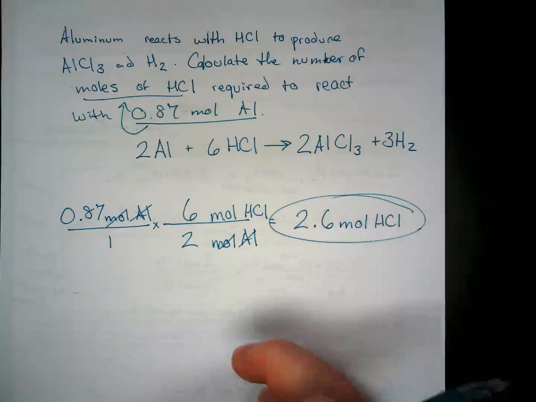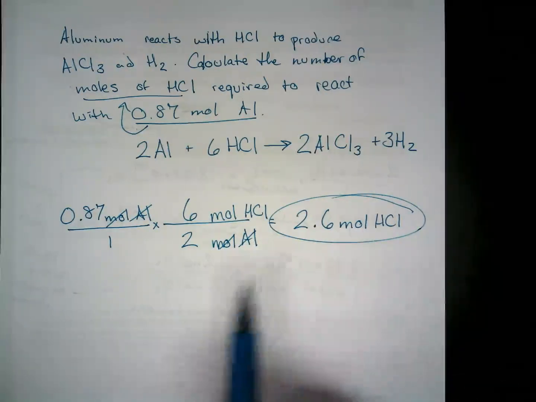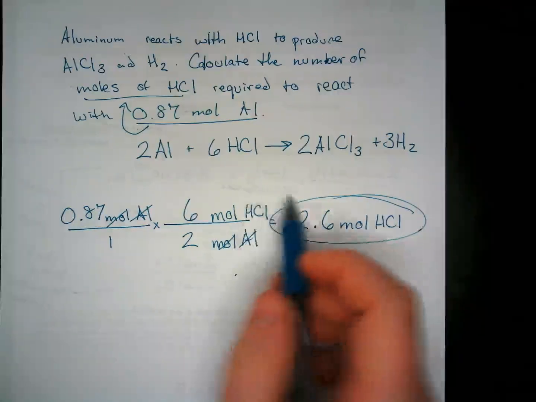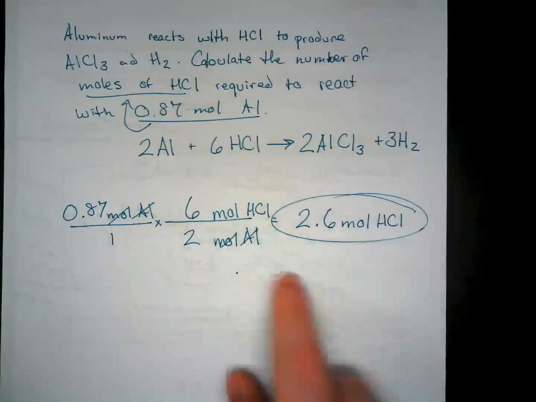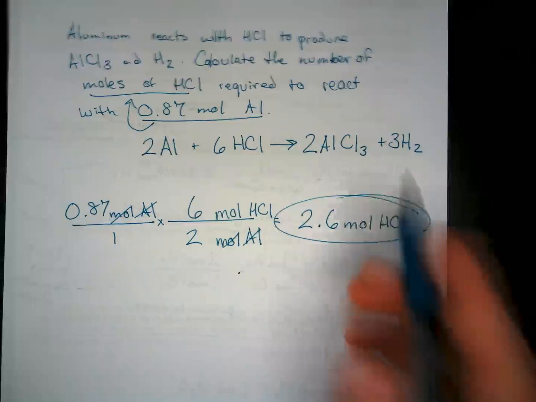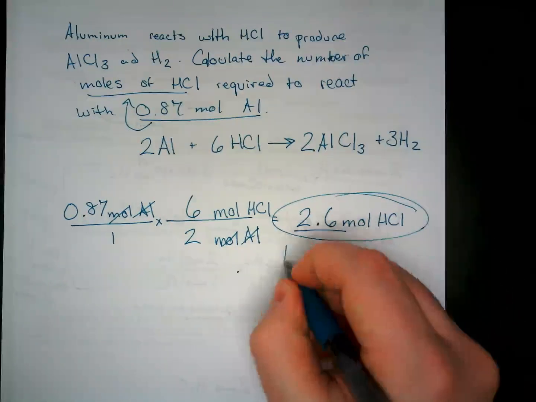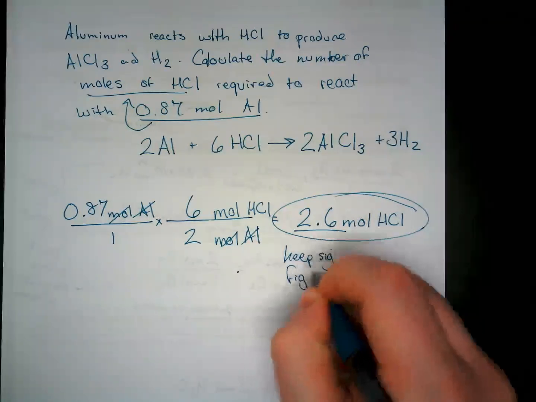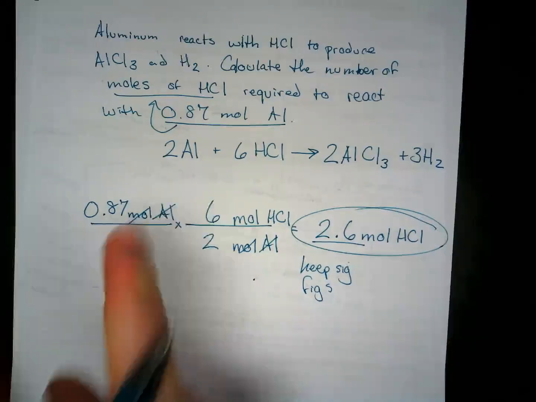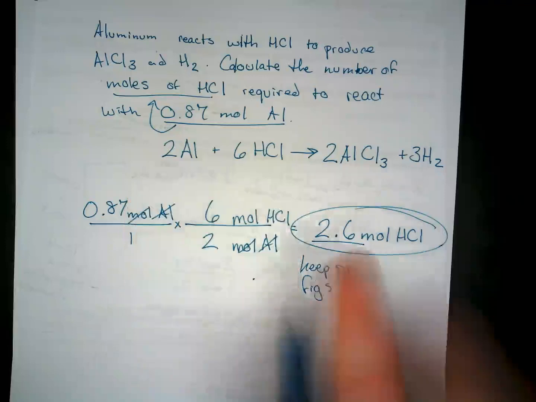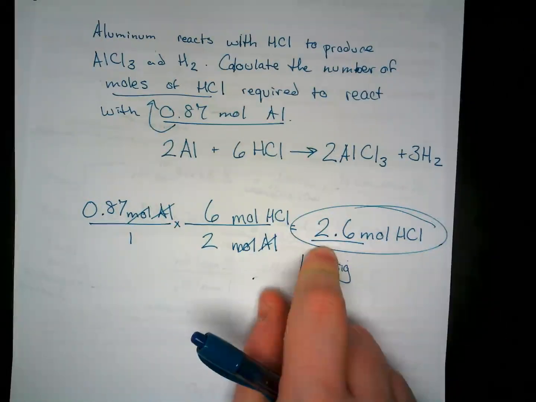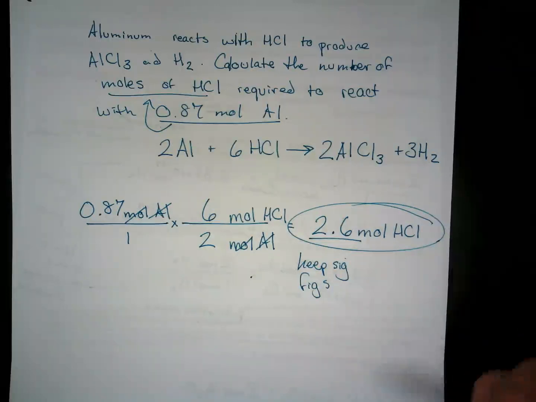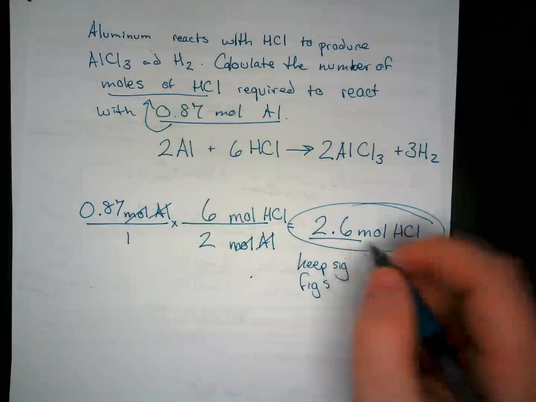Now, last thing that I'll mention is that when we're solving for this, you've got to show all your work. We still need to see all this dimensional analysis. Also have to keep sig figs. Notice I started with 0.87, that's 2 sig figs, and I'm going to produce my answer with only 2 sig figs as well, even though my calculator actually gave me 2.61.